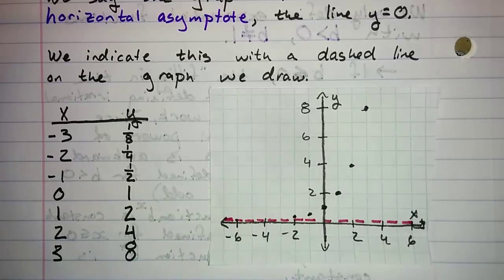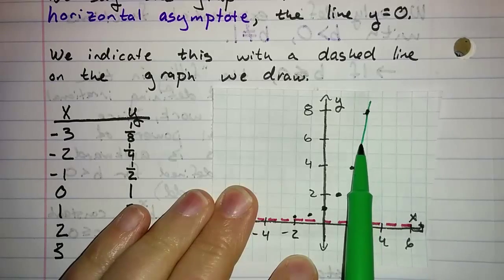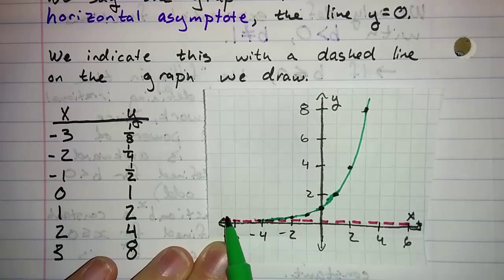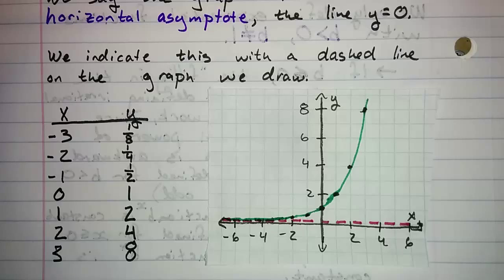Nothing any bigger than 8 is going to show up on my graph, though. So when I graph this, I'm going to draw a smooth curve going through these points, and then off to the left, I'm going to draw it continuing to get smaller until it pretty much merges with this asymptote.